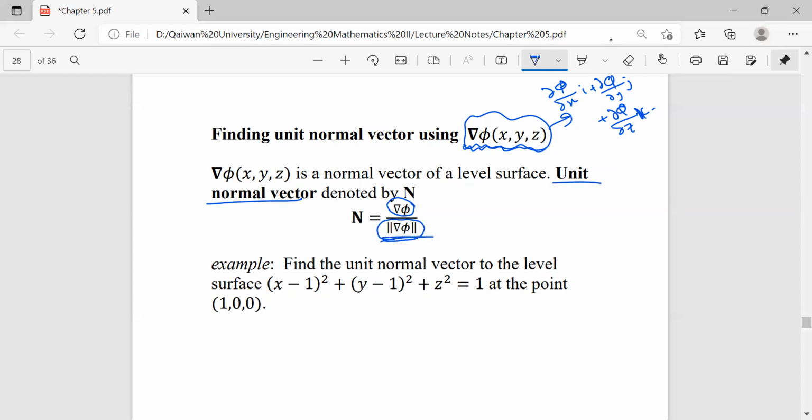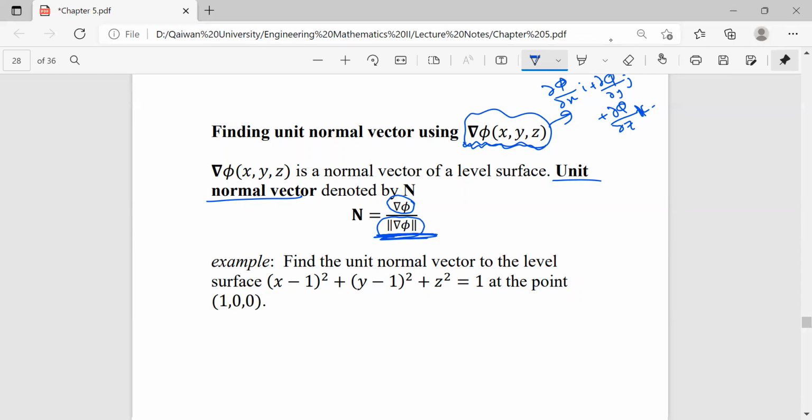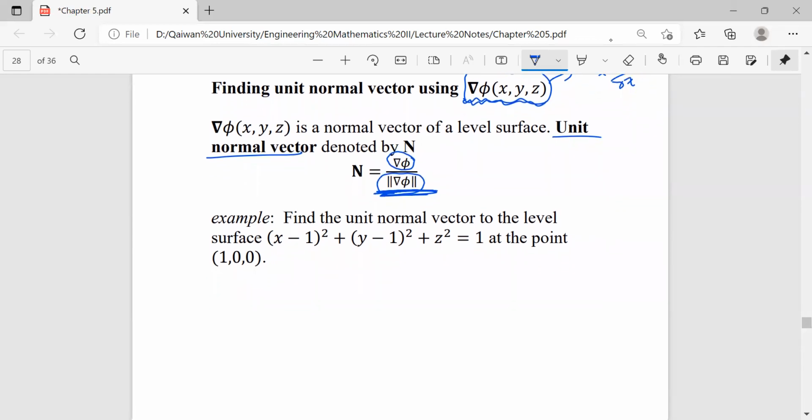This is the magnitude of the gradient. So here we must first find the gradient of the scalar field. We get the vector, then we work on that vector and find its magnitude. Look, it says find the unit normal vector to the level surface.